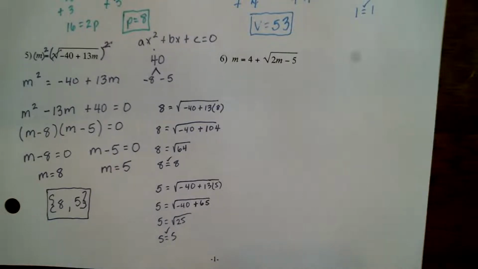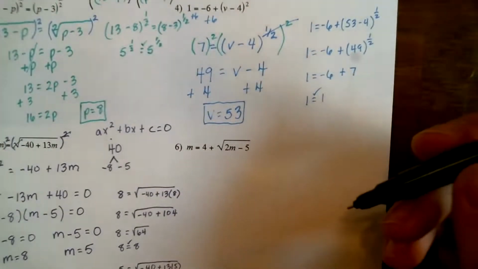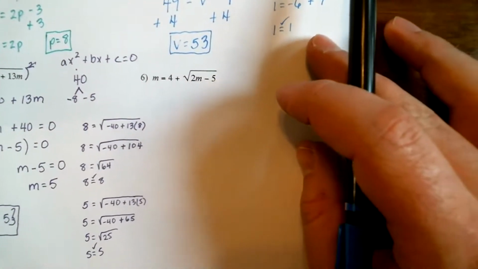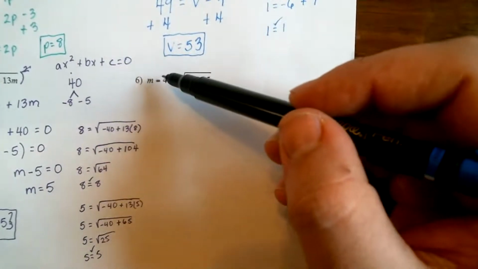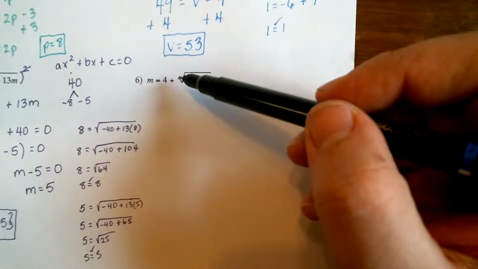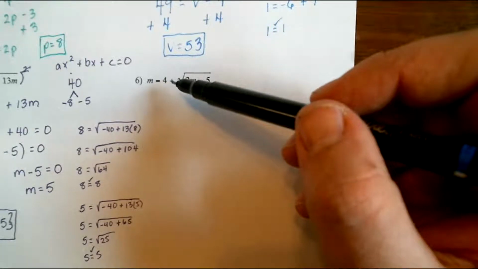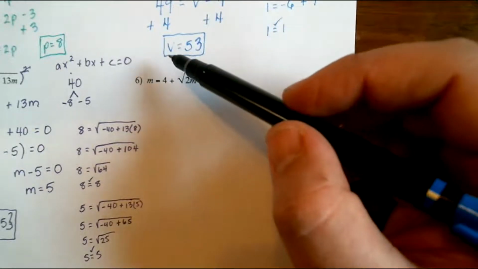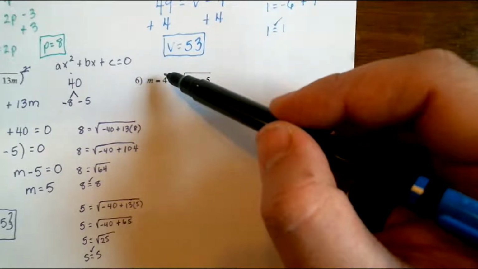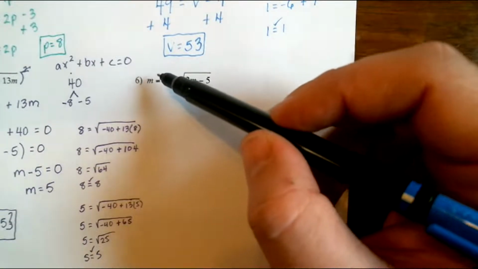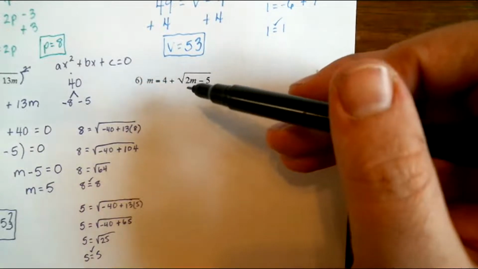Okay. Last one, 6. So we have m equals 4 plus radical 2m minus 5.